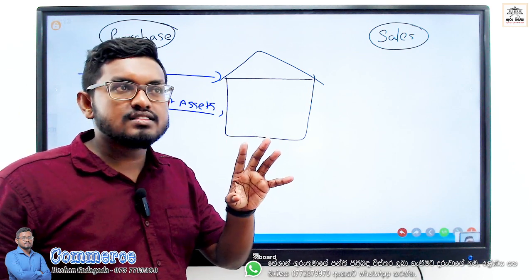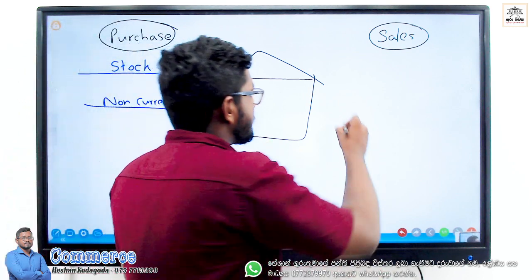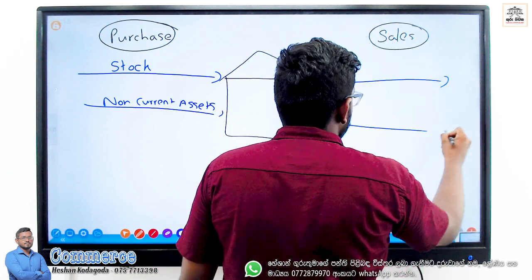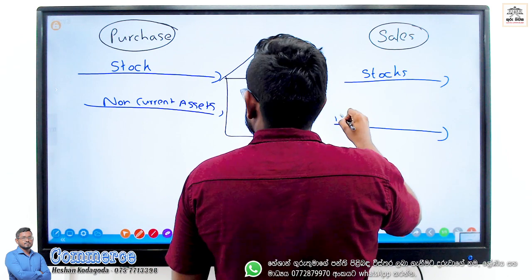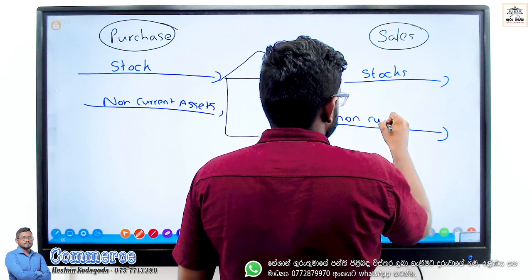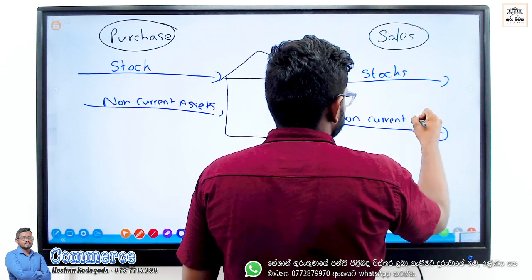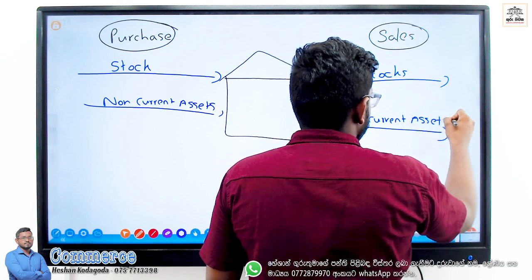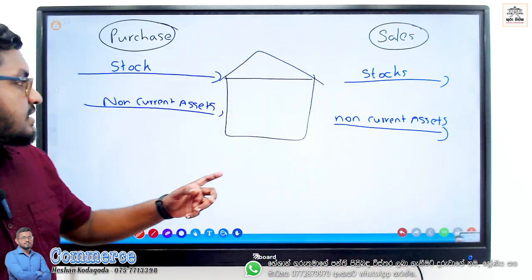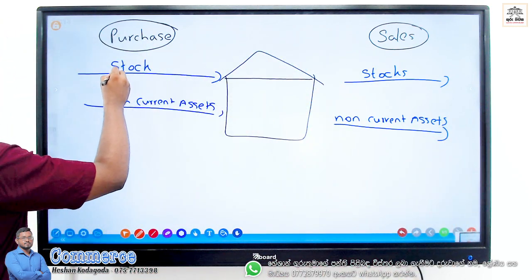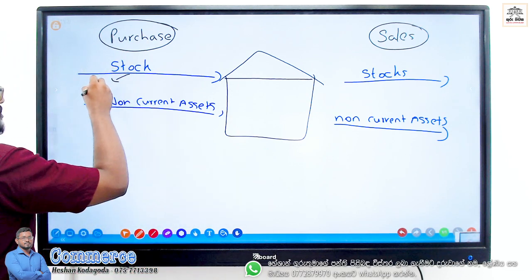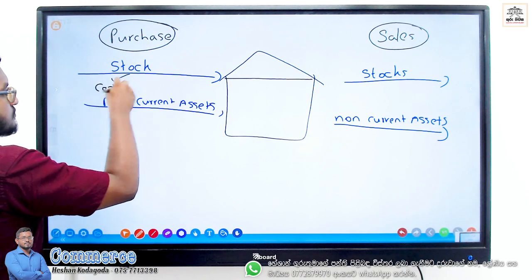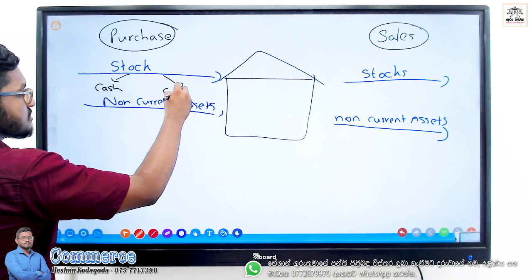Clear? Understand? Sales also can be identified in two ways: stock sales and non-current asset sales. In here again, we can broadly classify these as cash basis and credit basis.